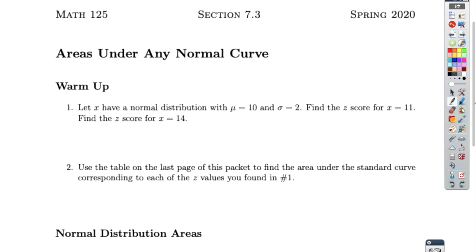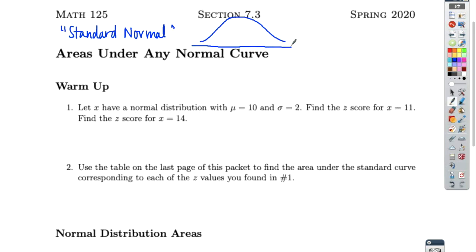So just to refresh your memory about section 7.2, remember we went over our favorite normal curve, which is called the standard normal. And any normal curve looks a little bit like a bell curve like that.